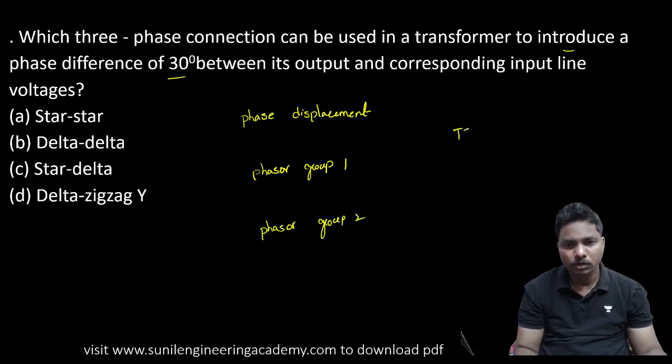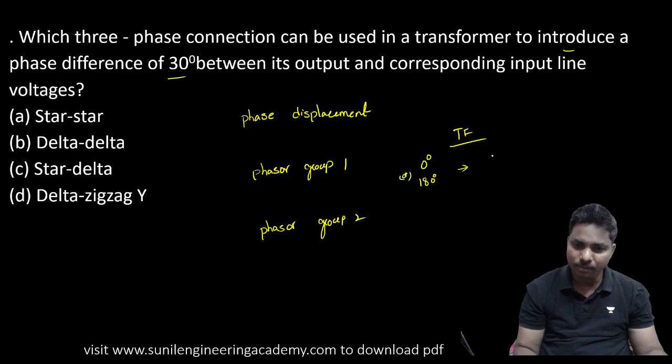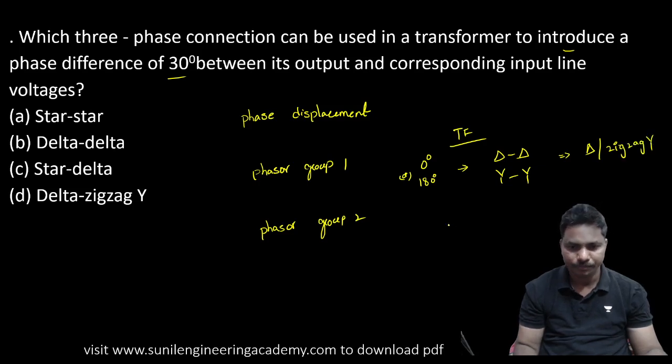In phasor group 1, we get phase displacement of 0 degrees or 180 degrees. For example, whenever both primary and secondary are the same, there is a chance of 0 or 180. In the zigzag case, delta zigzag star, the zigzag case is reverse.